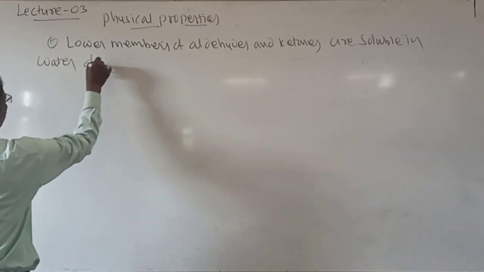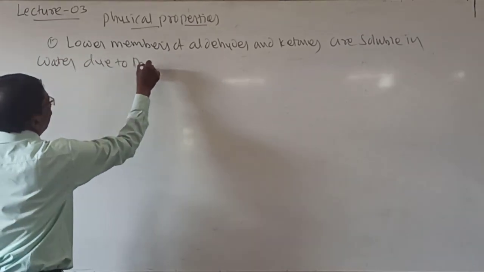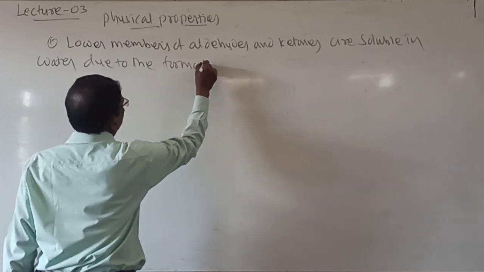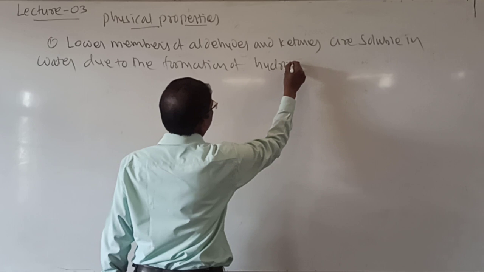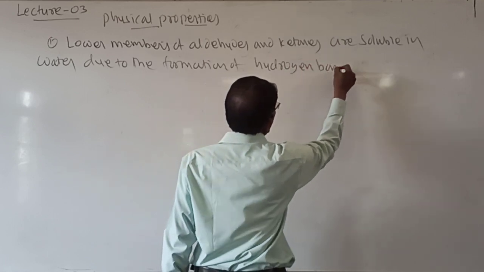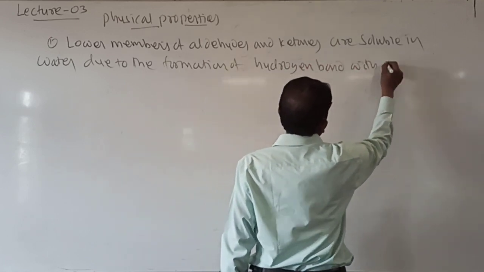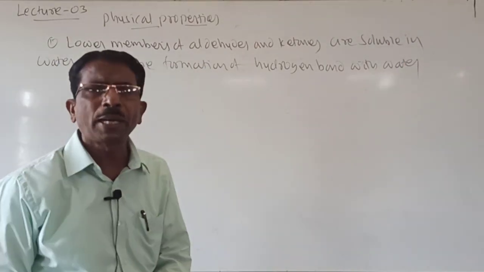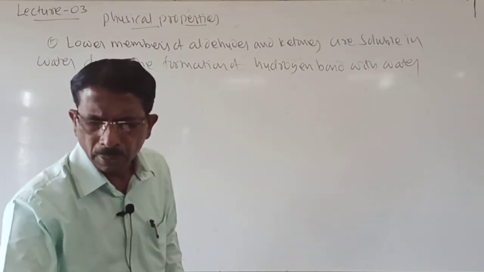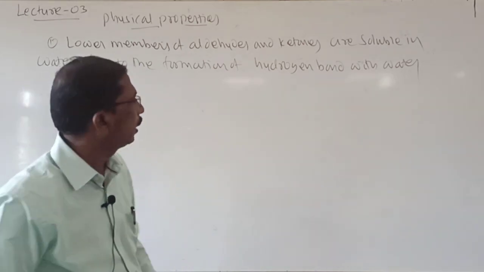They are soluble in water due to the formation of hydrogen bond with water. Look here, it forms hydrogen bond with water. So how does it form hydrogen bond with water?